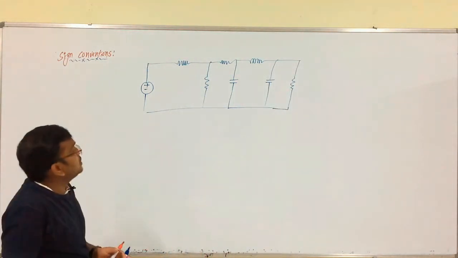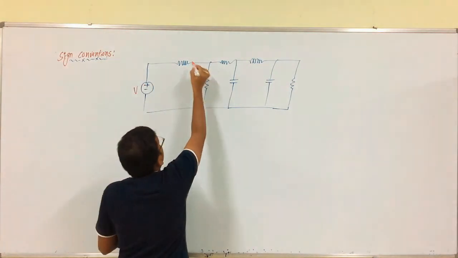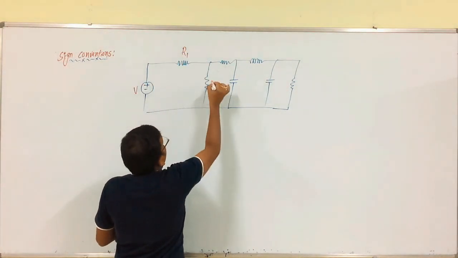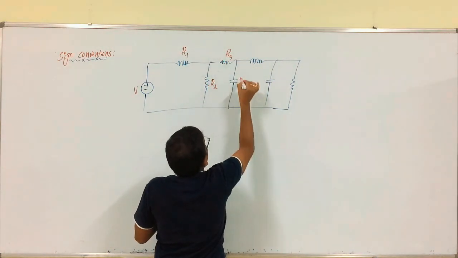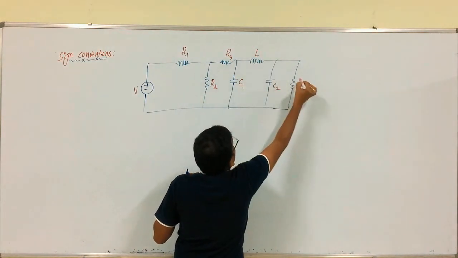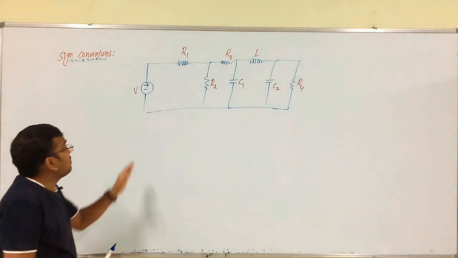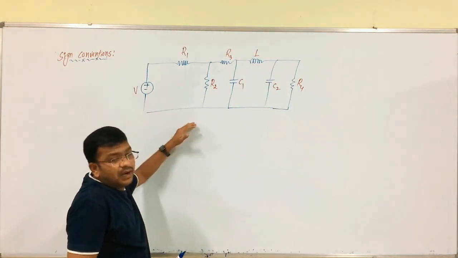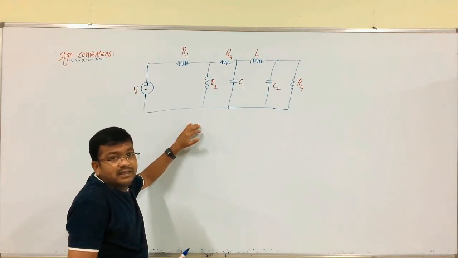This circuit consists of a voltage source and a combination of resistances, inductance and capacitance. We have a supply voltage, in addition to different combinations of elements R, L and C.